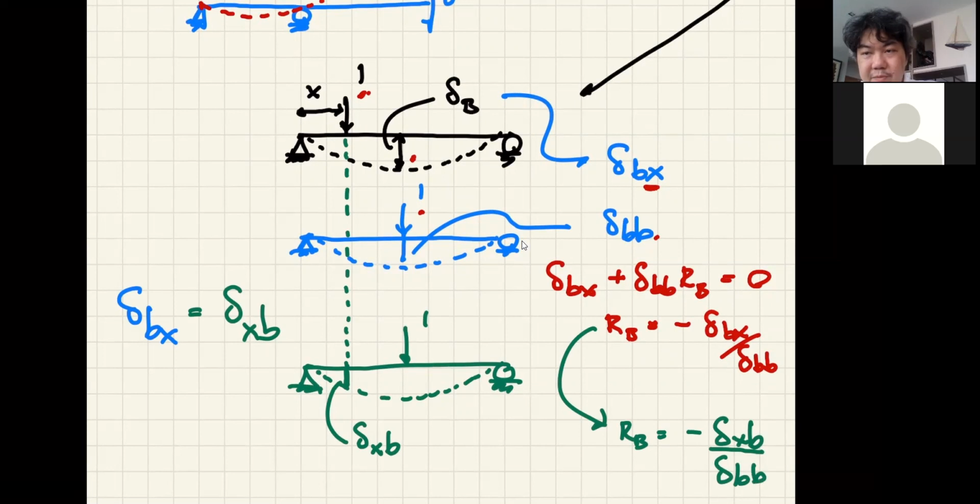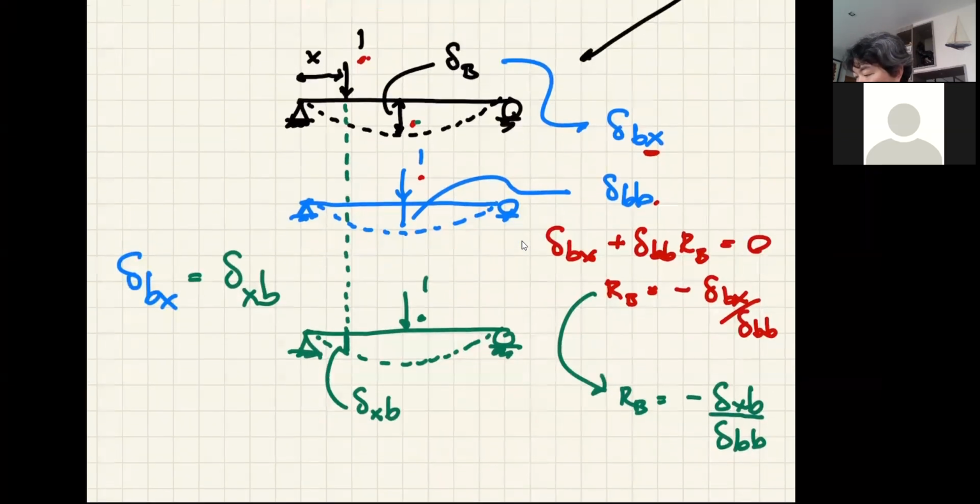So do you know what this means? It means that if you want this displacement caused by the load at any X location, instead of placing the load again every time, you can just place the load at this location B and calculate displacement at any X location instead.